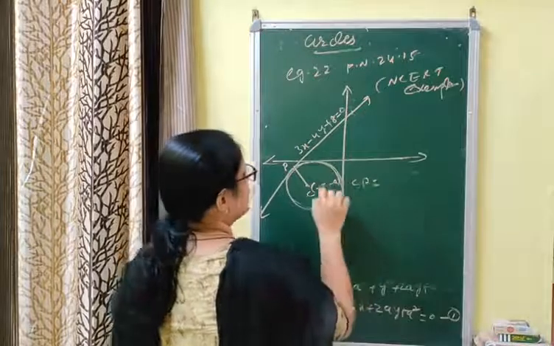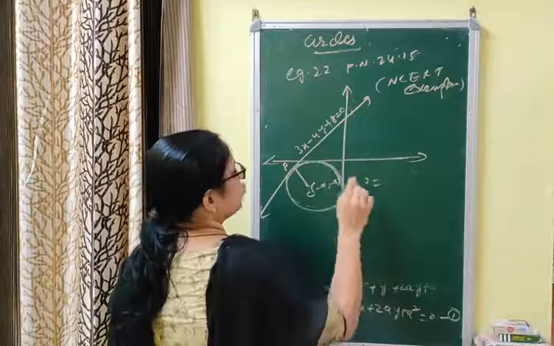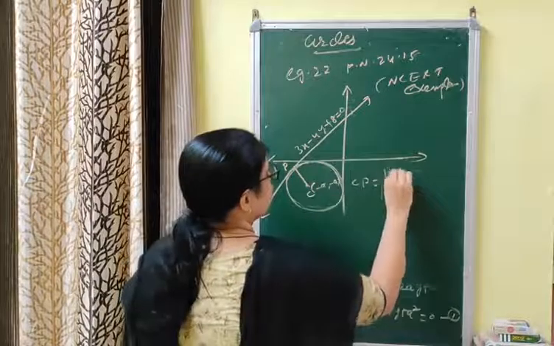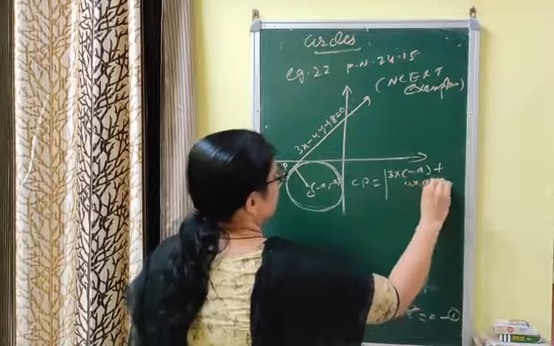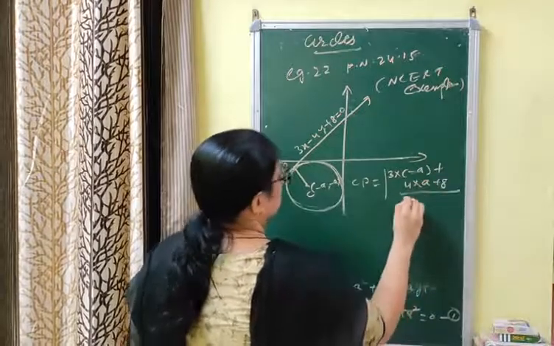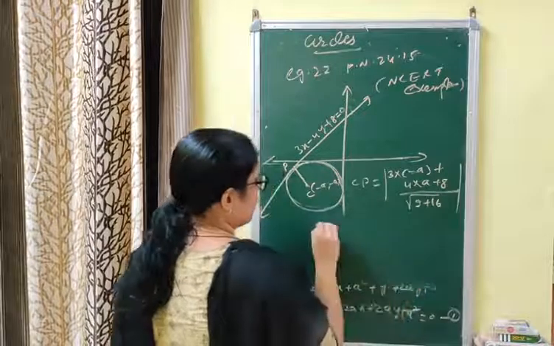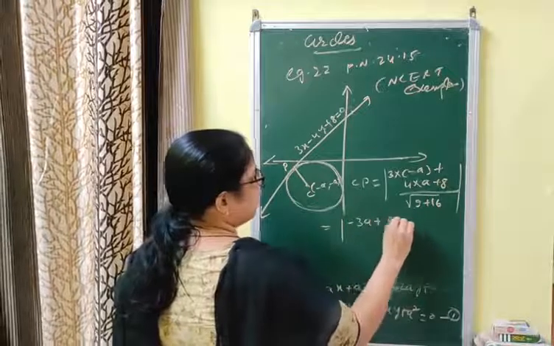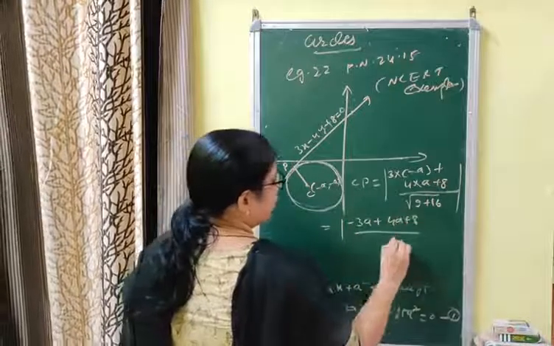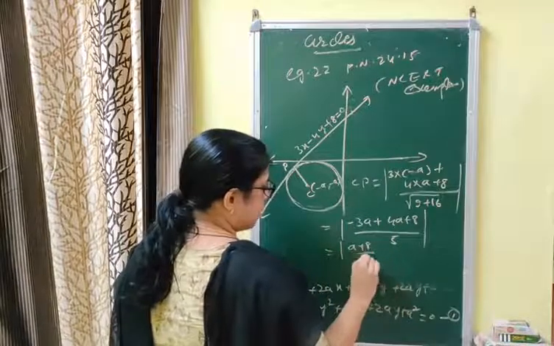If you put the values, x1, y1 is minus a comma minus a, and the line is 3x minus 4y plus 8 equals 0. 3 into minus a plus 4 into a plus 8 upon root 3 square plus 4 square, that is 9 plus 16. That implies minus 3a plus 4a plus 8 upon 5. That is mod of a plus 8 upon 5.